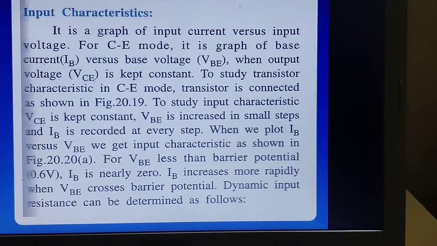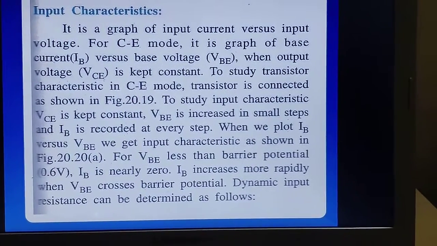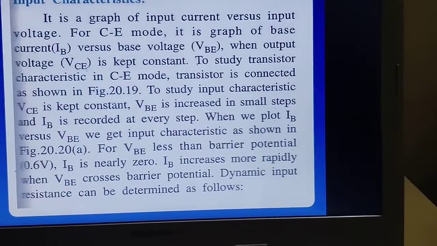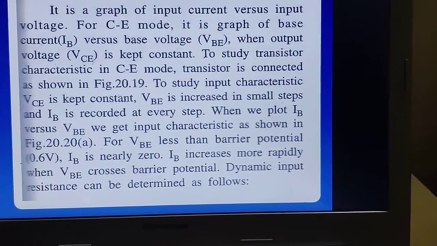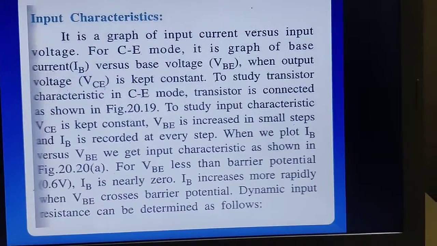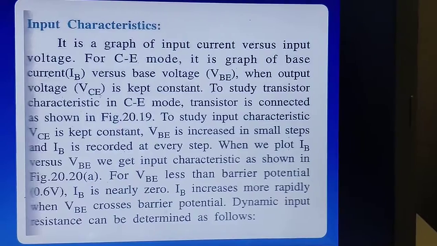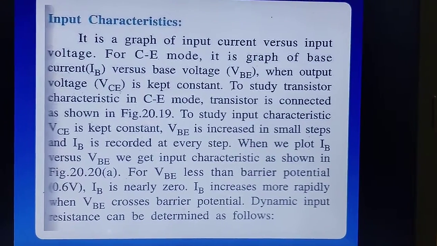Suppose VCE is kept at 10 volt, then VBE is increased in steps of 1 volt, 2 volt, 3 volt and so on, and the corresponding base current in microamperes is noted, and we draw the graph after every stage, keeping VCE constant at 10 volt, 12 volt and measuring VBE versus IB.